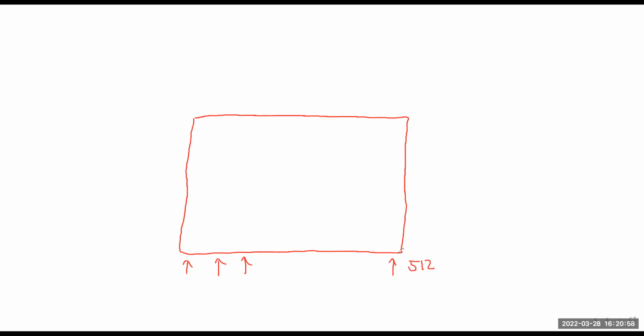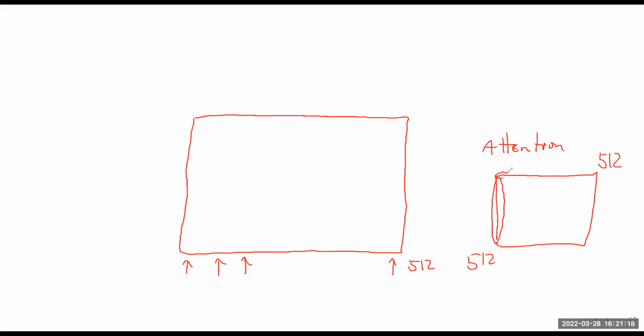The reason why it's not bigger is that if you remember, you're creating an attention matrix. And the attention matrix is actually 512 by 512 because you have all the words here and all the words here, and then you're paying attention. This word and that word should have high attention. And then this word and that word should have high attention.